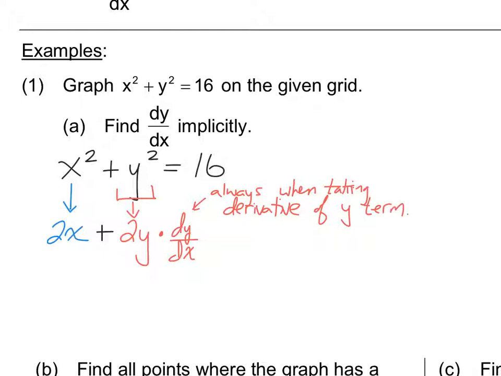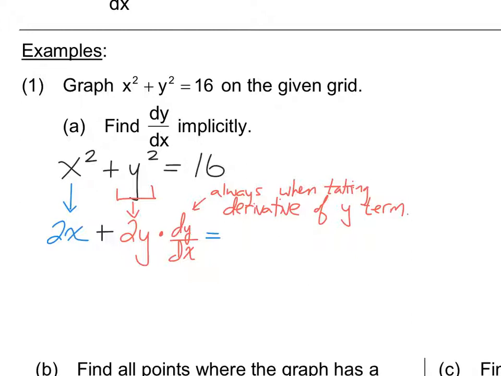So always when you're taking the derivative of a y term, you're going to multiply by a dy/dx. All right, so if this were x squared, it would just be a 2x. But because it's a y, it gets a dy/dx multiplied at the end. All right. That's the big adjustment. All right, and we'll get into why that is the case in a little while. But for now, it's just a skill.